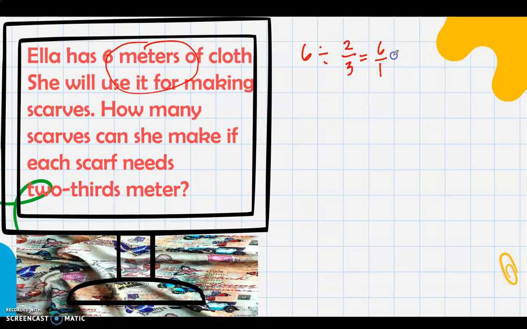Then you multiply by the reciprocal of the divisor, which is 3 over 2, so that is 18 over 2. Then 18 divided by 2 is 9. No remainder, so the answer is 9. There are 9 scarves. In solving word problems, you should make a complete answer. So we have the equation, then the solution, and then you state and write the complete answer.